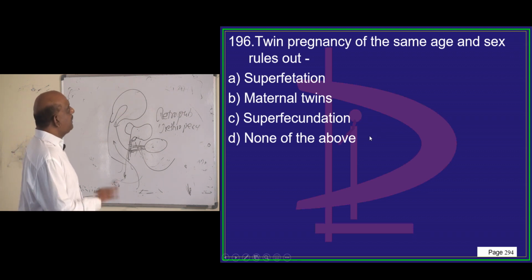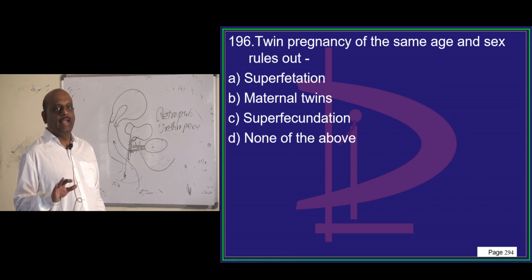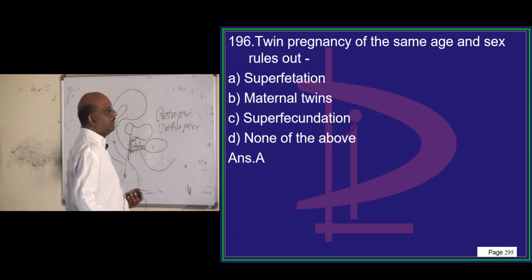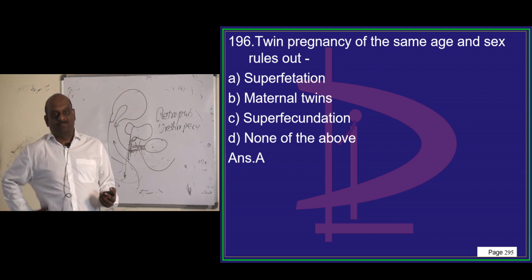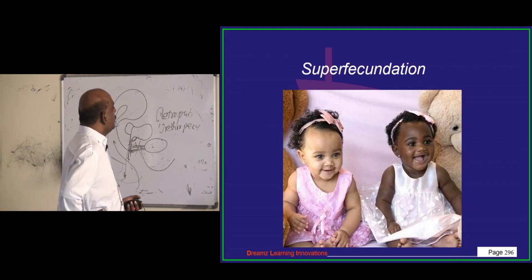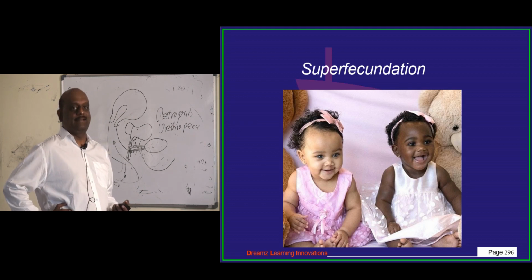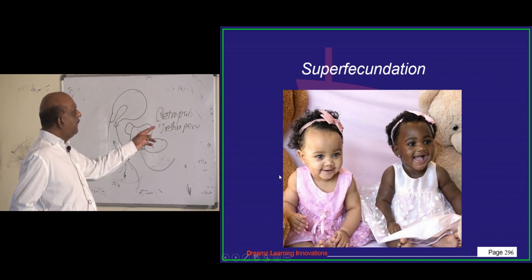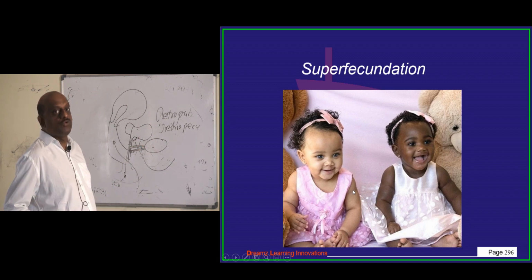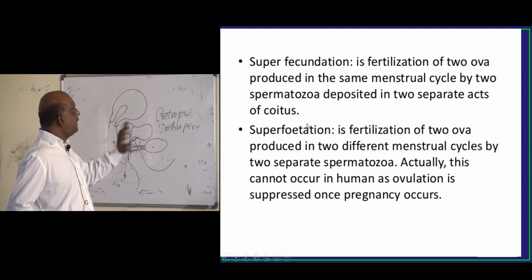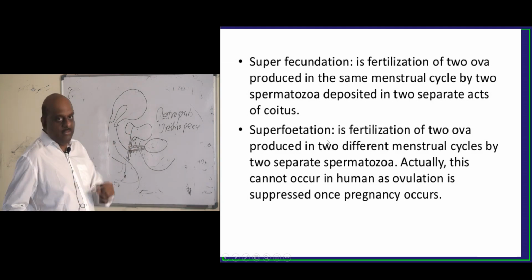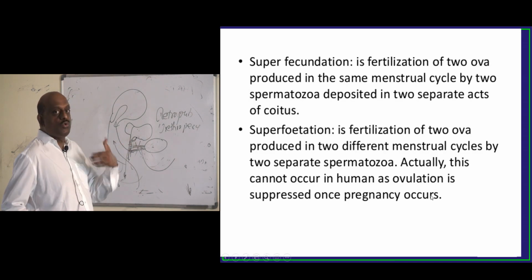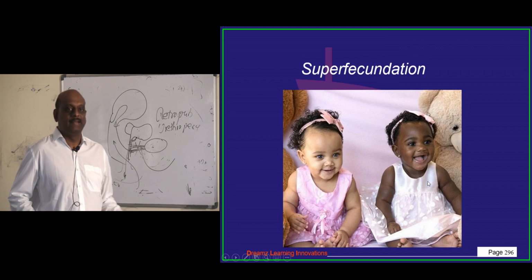Twin pregnancy of the same age and same sex rules out what? Superfetation. So you should know what is superfecundation. Superfecundation means fertilization of two ova produced in the same menstrual cycle by two spermatozoa deposited in two separate acts of coitus.